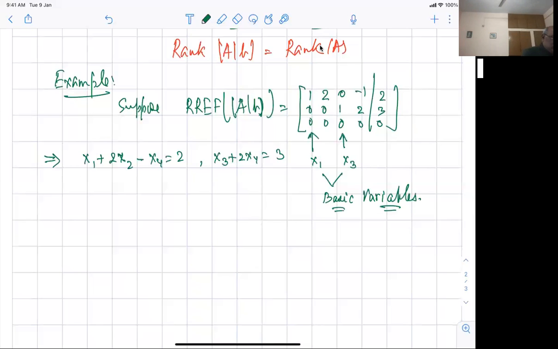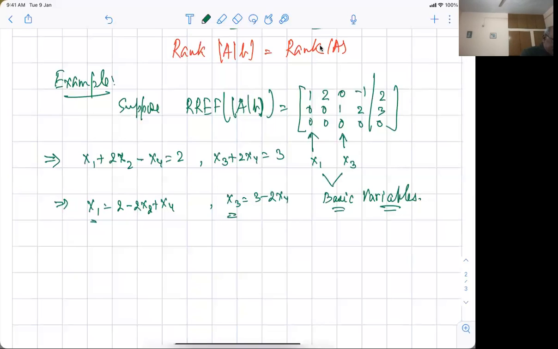All right. So here I can rewrite this as x1 is equal to 2 minus 2x2 plus x4, and here I can write x3 as 3 minus 2x4. So we are writing the basic variables, x1 and x3, in terms of what are called non-basic variables or the free variables.